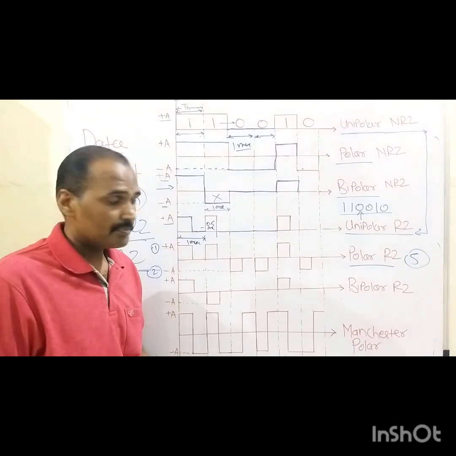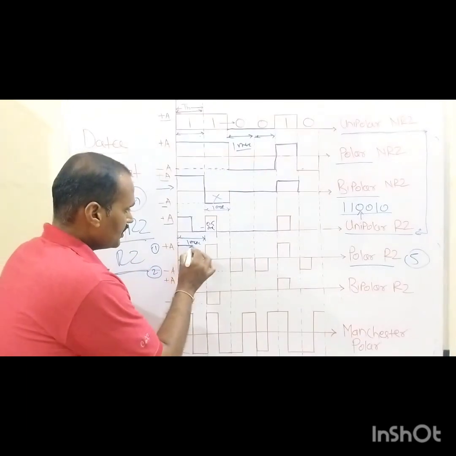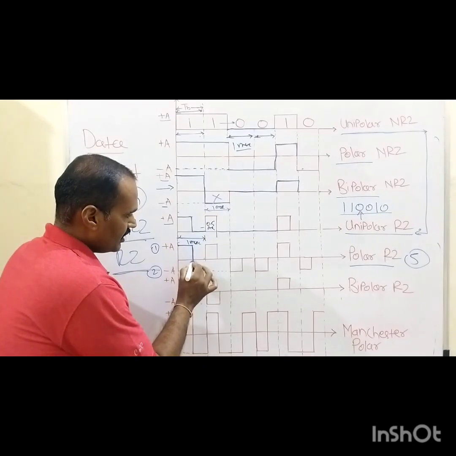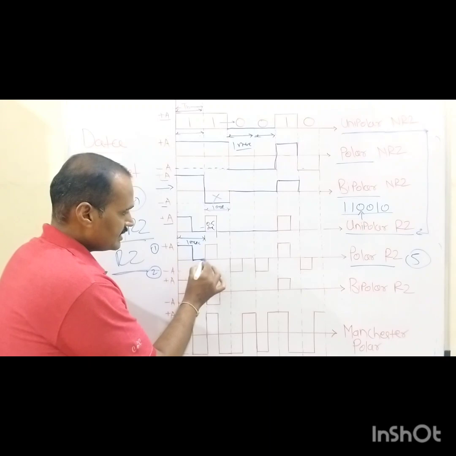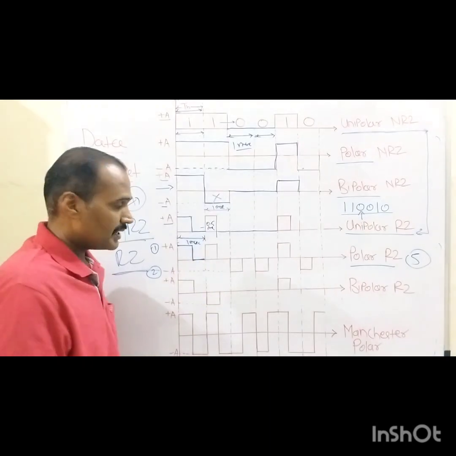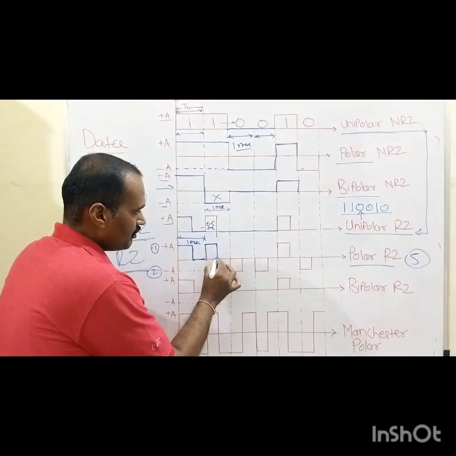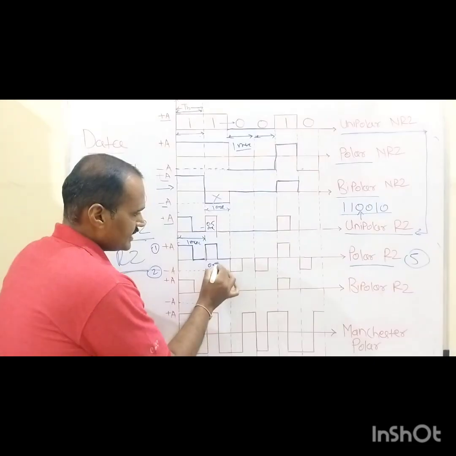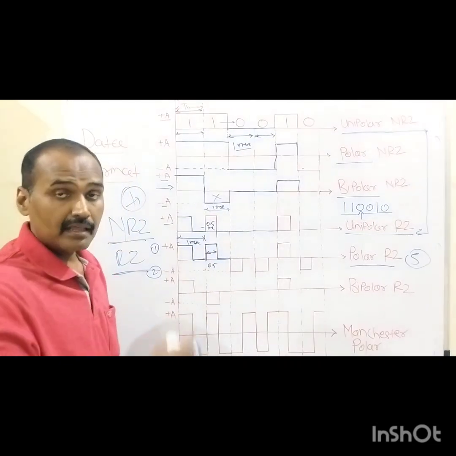Then what will happen in this polar RZ type of symbol sequence? This plus A volt is being assigned to binary 1 for the first 0.5 millisecond, right? For the remaining 0.5 millisecond, 0 volt is being assigned. Similarly, the next bit is nothing but what? Again binary 1. So for this 0.5 millisecond, plus A volt is being assigned. Then after that, 0 volt is being assigned.